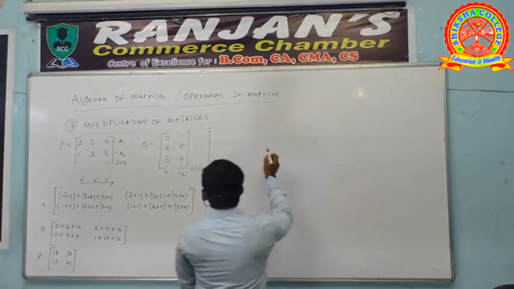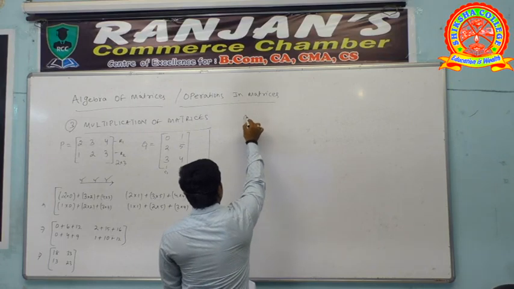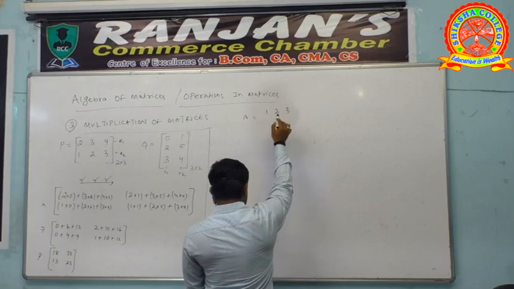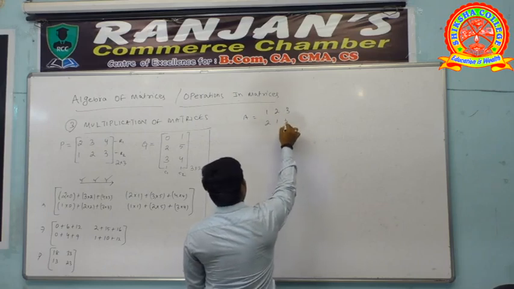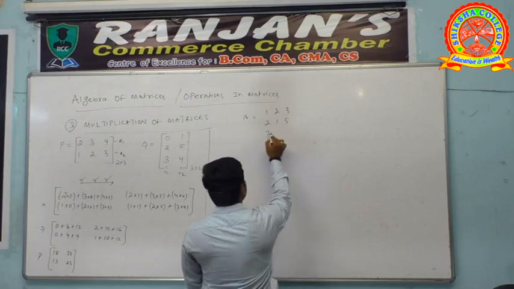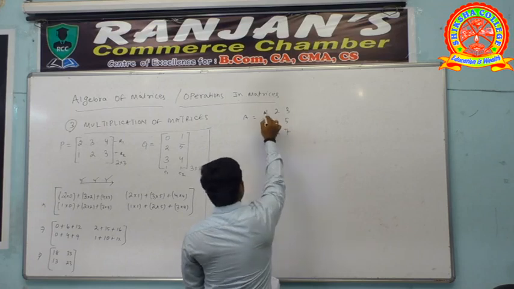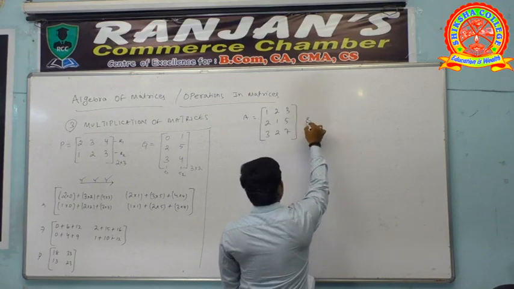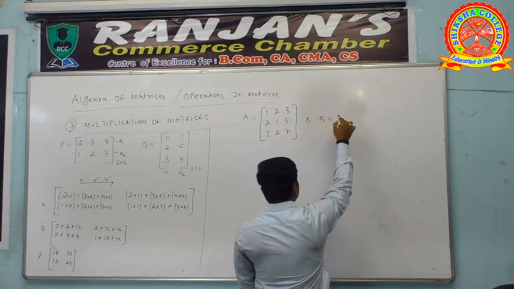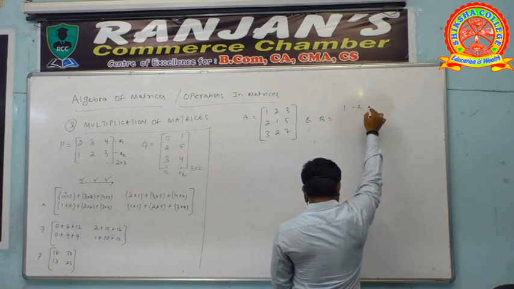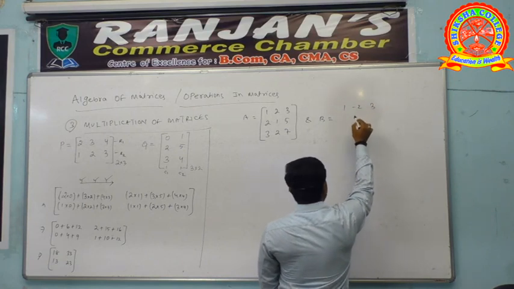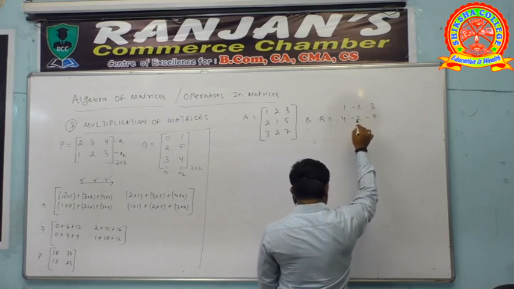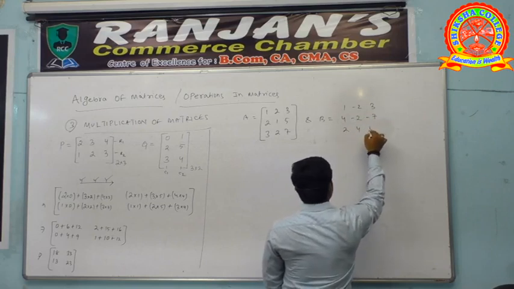Okay, so we have A is equal to 1 2 3, 2 1 5, 3 2 7, and B is equal to 1 minus 2 3, 4 minus 2 minus 7, 2 4 5.